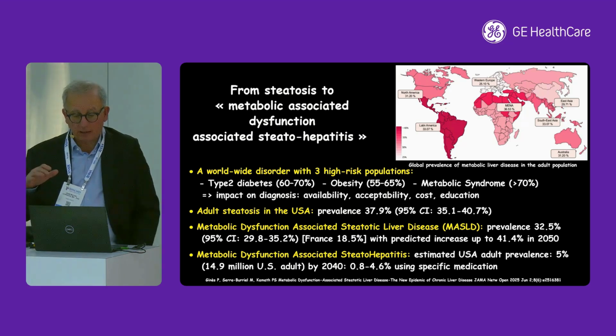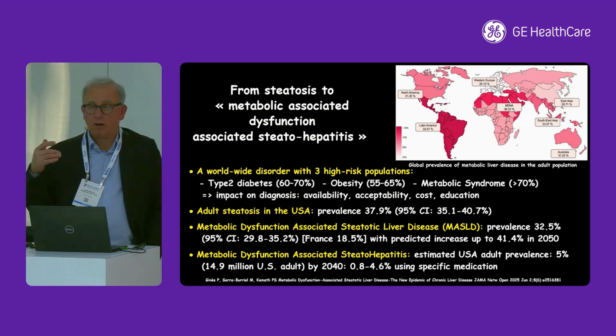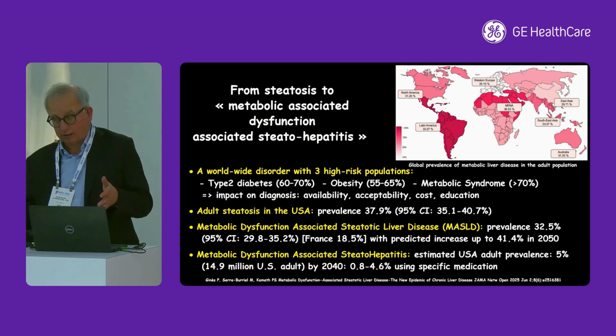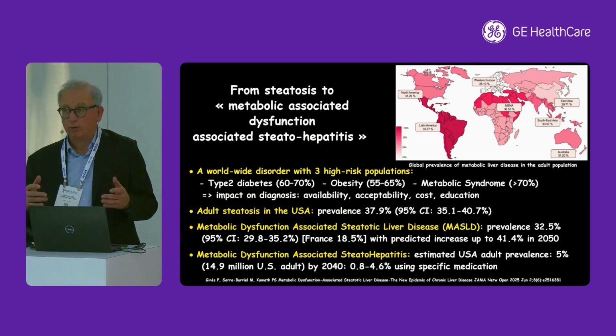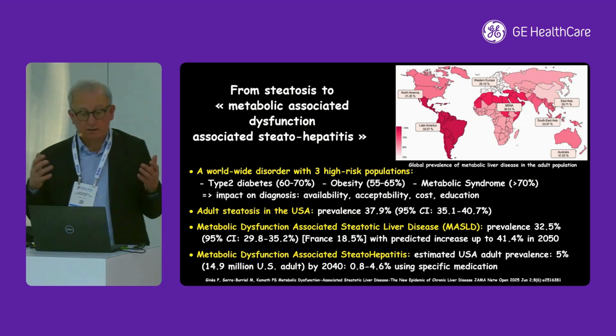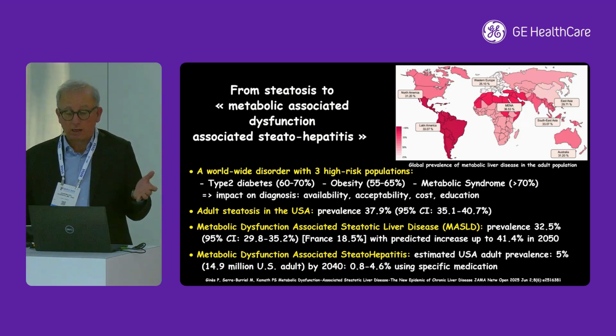And now we separate the MASLD patients. These are metabolic dysfunction associated with steatotic liver disease, which is the previous NAFLD, almost 32% of patients, and is supposed to increase up to 41% in the projections, and metabolic dysfunction associated steatohepatitis, which is the MASH.